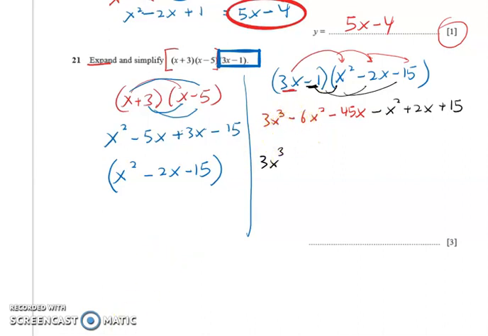Now we look at the x square, so both are minus, so you can put here minus 7x square. Now we search for the x term, so this is minus 45, this is plus 2, so it's minus 43x, and we have a final one, 15.